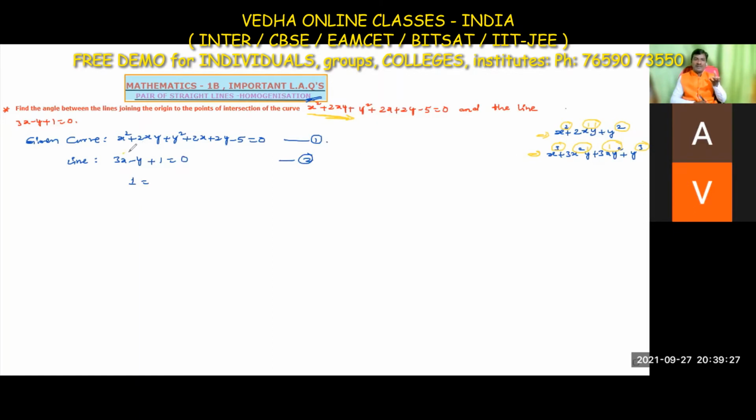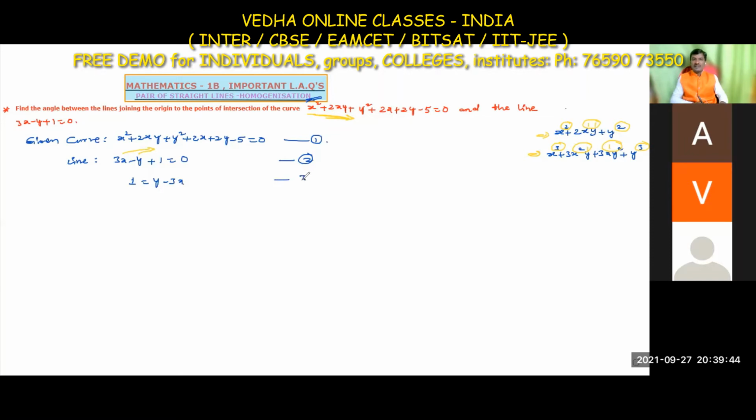Minus y becomes plus y and plus 3x becomes minus 3x. I am taking this as equation number 3. So 1 is equal to y minus 3x, or y minus 3x is equal to 1. Any one is okay.